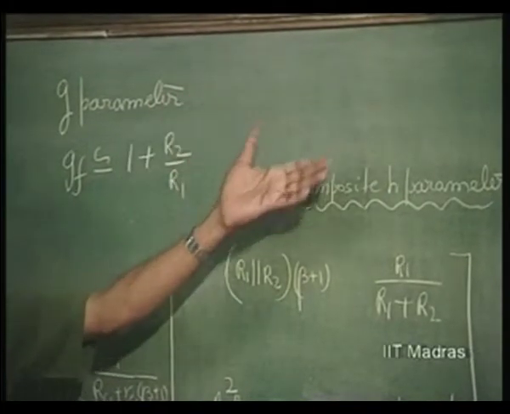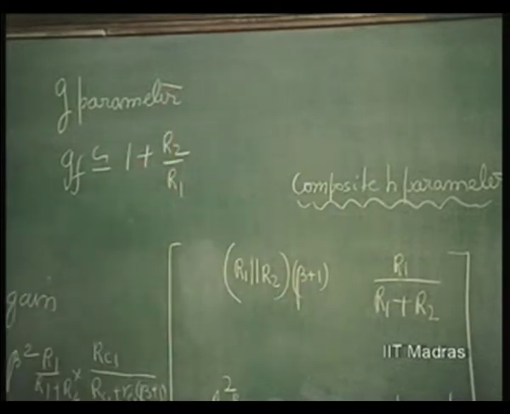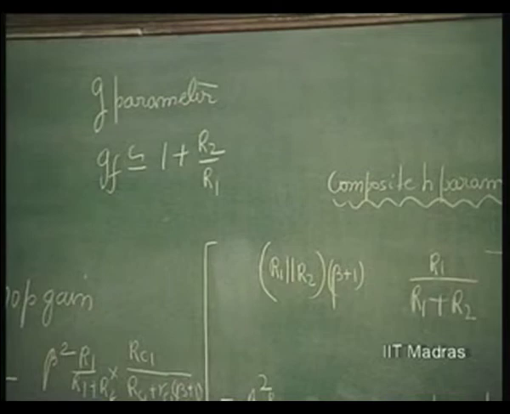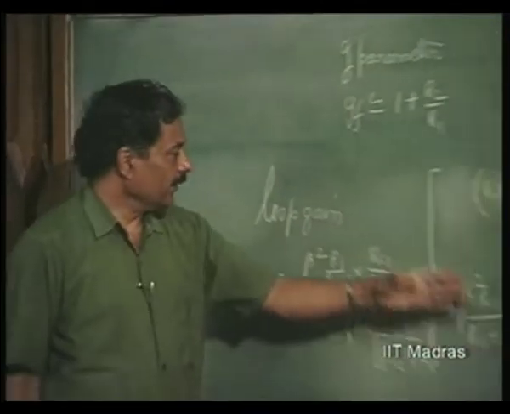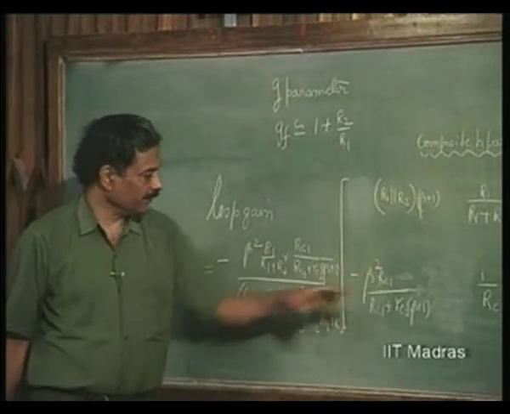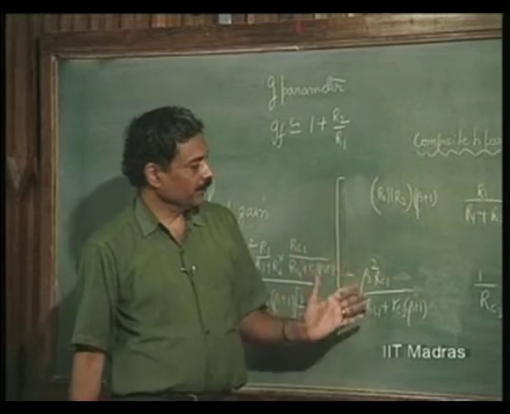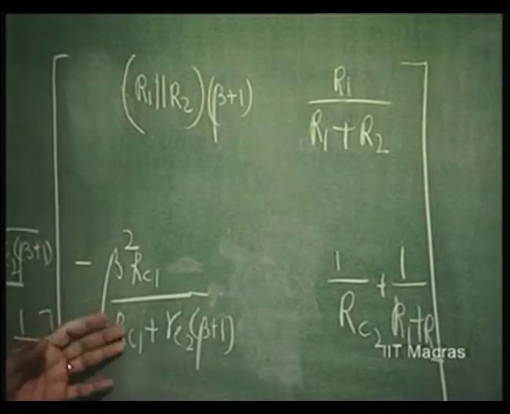GI, GR, G naught, all the other three should go towards 0. That we can very clearly establish. The Gf is nothing but this factor divided by the matrix here, this into this plus this into this.